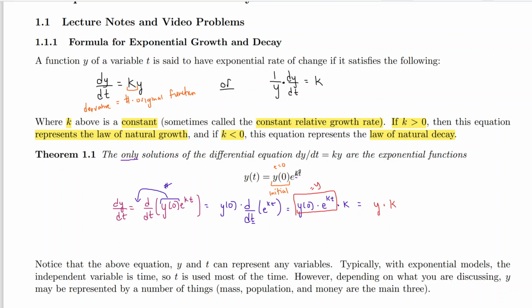And that's exactly what we wanted to show: the derivative of the function equals the function itself times that number k. So any function at all that's written of this form, when you take its derivative, you just get itself back times k, and it has what we call exponential rate of change, growth or decay.